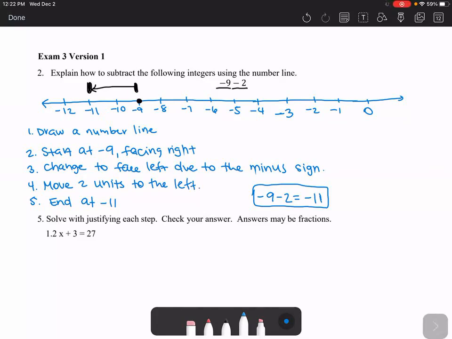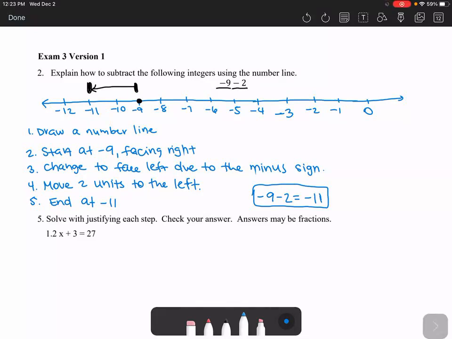Yeah, I think it depends on the context, right? Because I already explicitly said that we're facing left, then you would move 2 units in the direction that you're facing. But yeah, you're probably right. It's always better to be safe than sorry and say which direction you're moving if you're going to move on the number line. That's a good point.